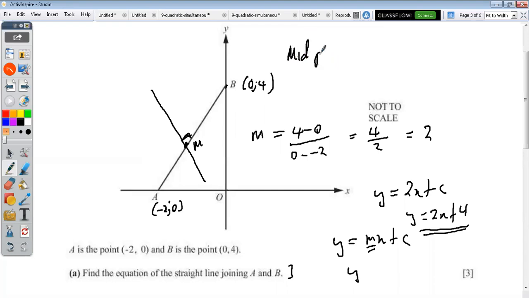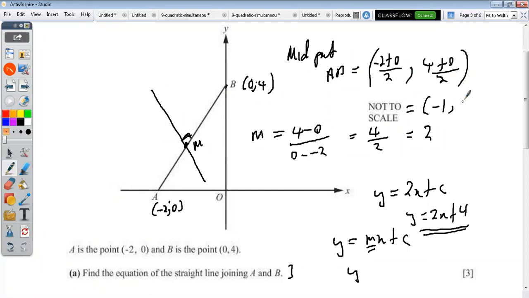So midpoint AB is equal to, we start with the X coordinates. So we have minus 2 plus 0 divided by 2, then 4 plus 0 divided by 2. So there, the midpoint is minus 1, 2.